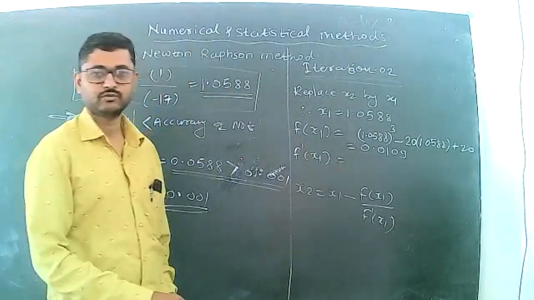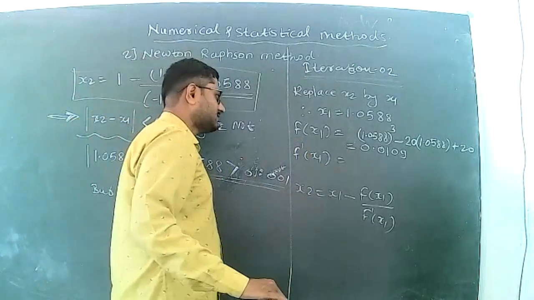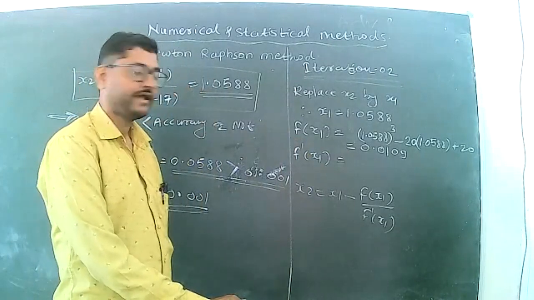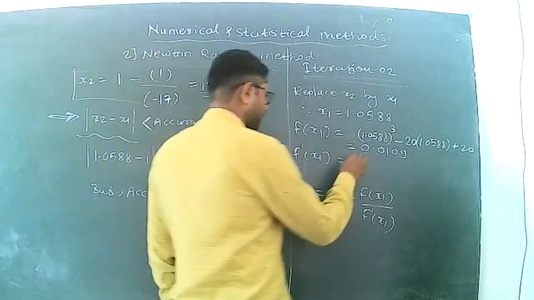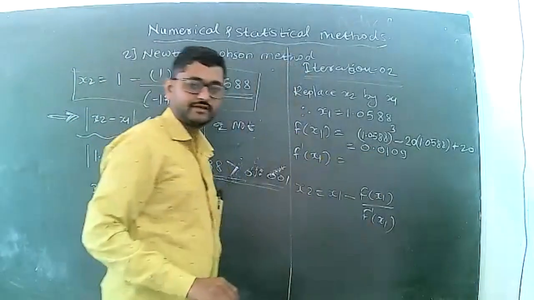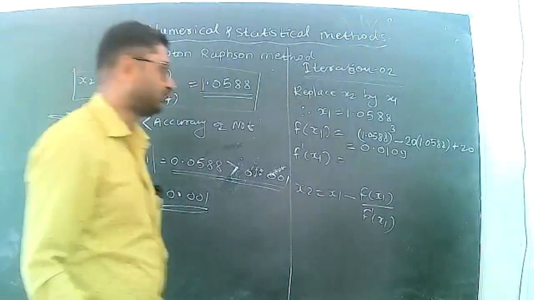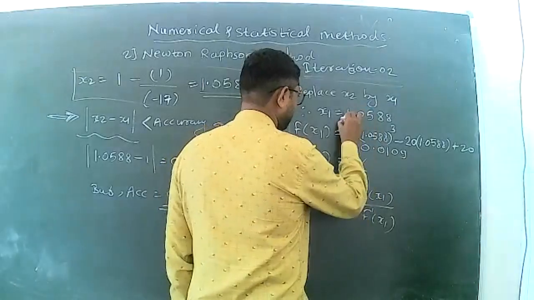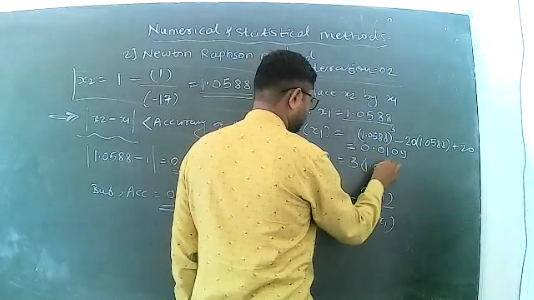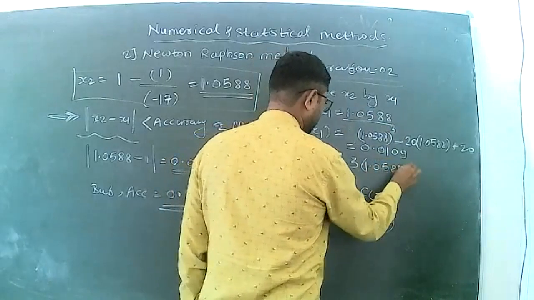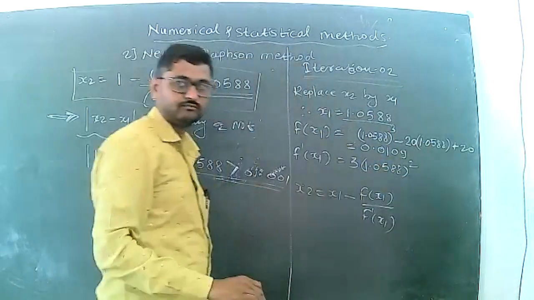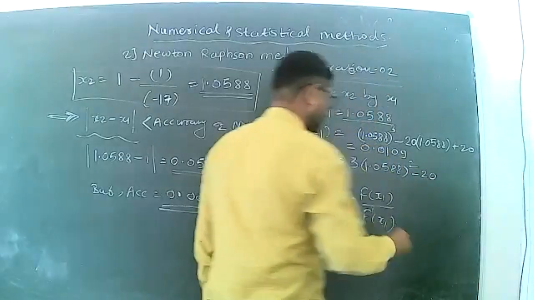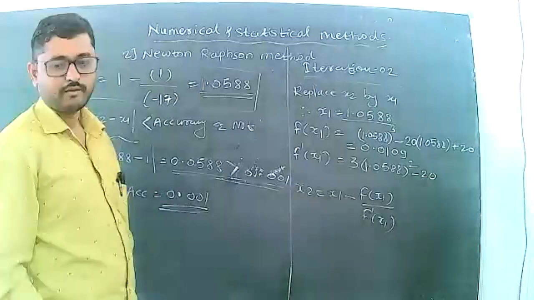Again, find f dash of x1. How to find f dash of x1? Put x1 as 1.0588 into the f dash of x equation. f dash of x1 is 3x squared minus 20, which means 3 into 1.0588 squared minus 20.